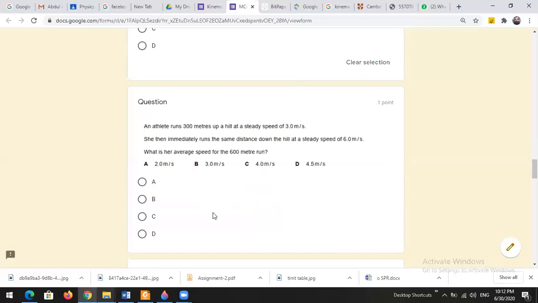How to get the time? Time is equal to distance over speed. Distance is 300 meters, whereas speed is 3. So the time we get is 100 seconds.